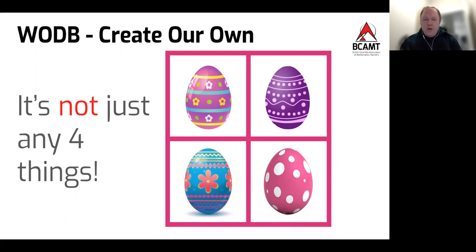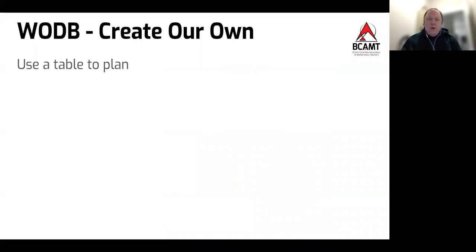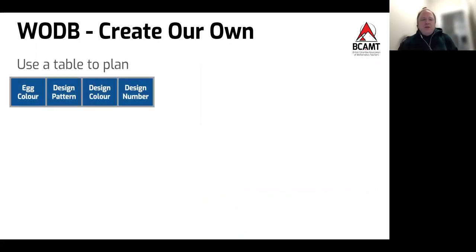So here's how we can approach creating your own. What I find really helps, and I thank my colleague Chris Hunter for this idea of organizing it, is to use a table. So first of all, think about 4 different attributes. So I'm going to be looking at Easter eggs. Think about 4 different attributes that can vary.